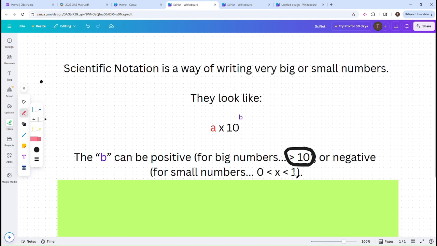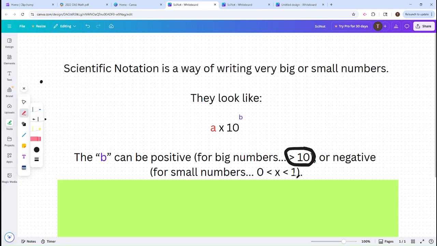Now, if you kept reading, you see that for negative exponents, when the b is negative, you're dealing with small numbers. Not negative numbers, we don't deal with any negative numbers here. And you'll see that when I go over a few of the examples on the last slide. We won't deal with any negative numbers, but the b can be negative. When it is, we're dealing with a decimal.